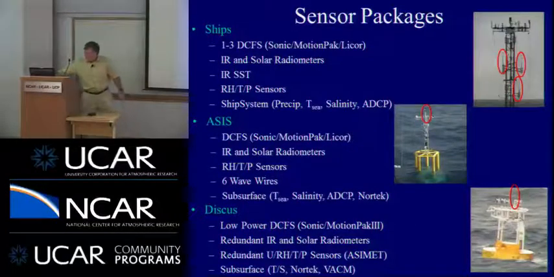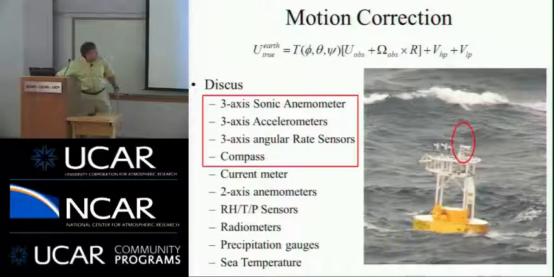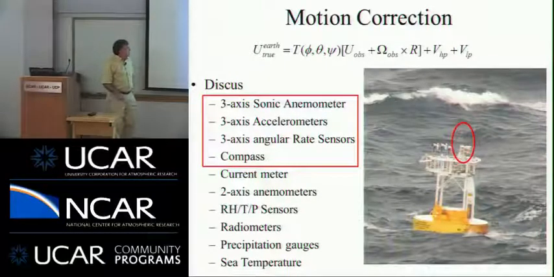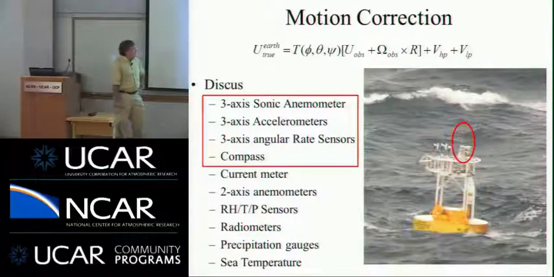But if I wanted to zoom in a little bit on what we're actually doing at sea, we deploy 3-axis sonic anemometers. To do the motion correction, we also deploy 3-axis accelerometers, angular rate sensors, and a compass.